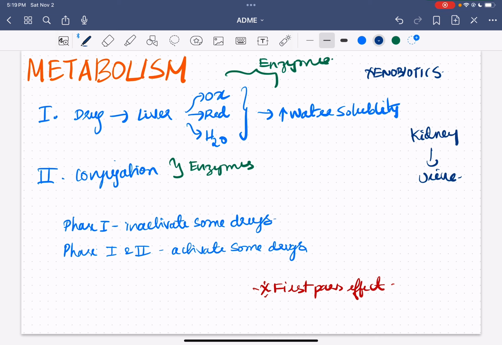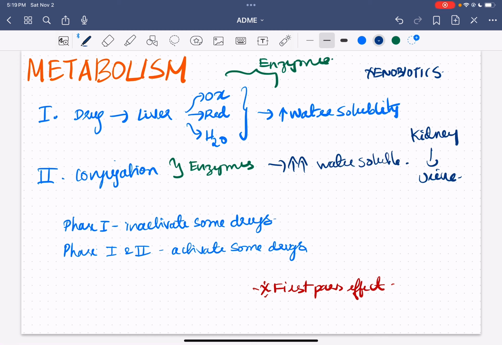That is the reason why the drug is being hydrolyzed, or made more water soluble, in the liver through various enzymes. Now, after that, there is a step 2 called conjugation. In this, different molecules are added that make the drug even more water soluble, so that the drug can be easily excreted.